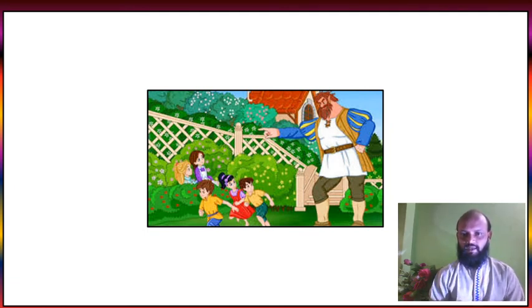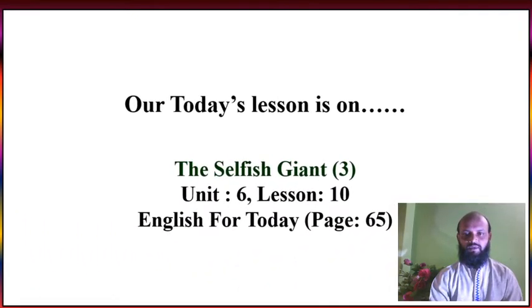So you can easily understand this is a part of the story. This is an event of the story. The giant is very angry. So this kind of thing happens here.